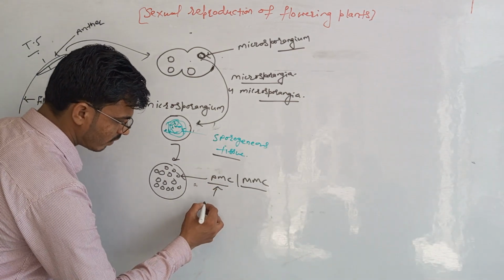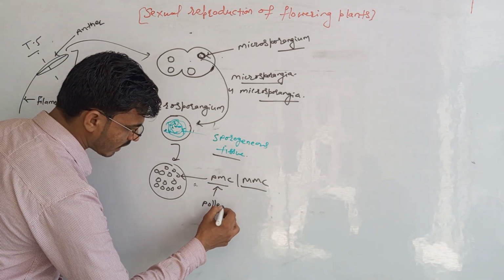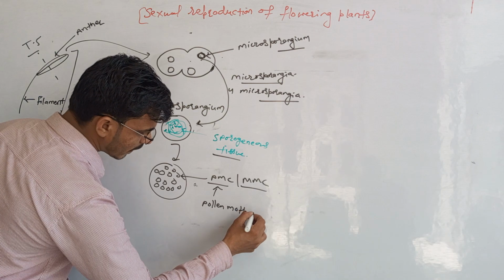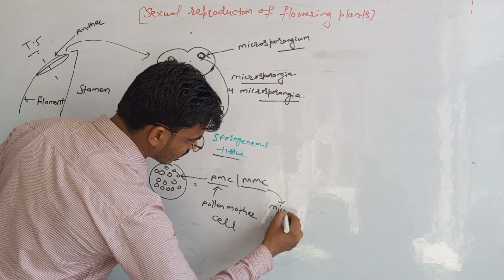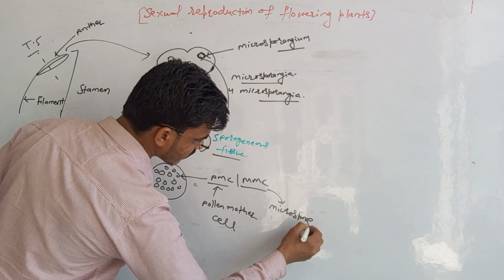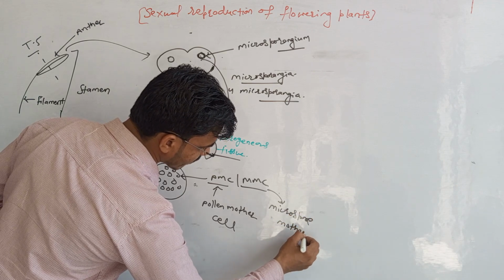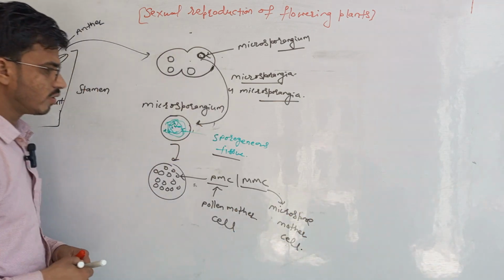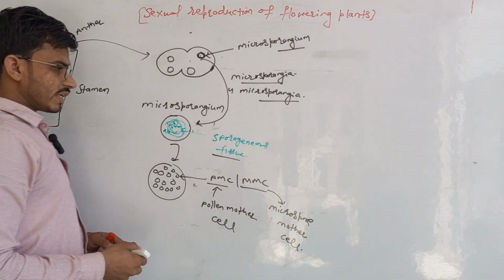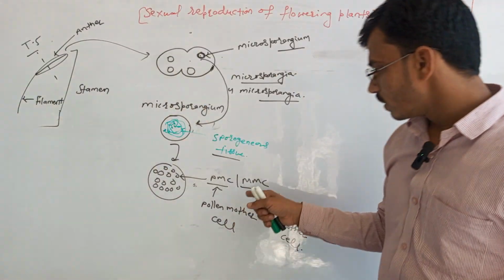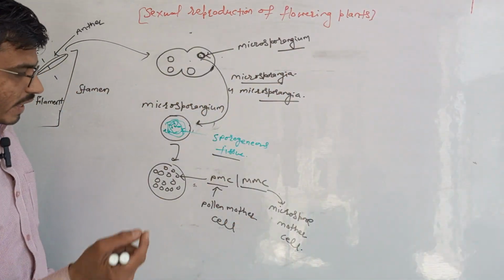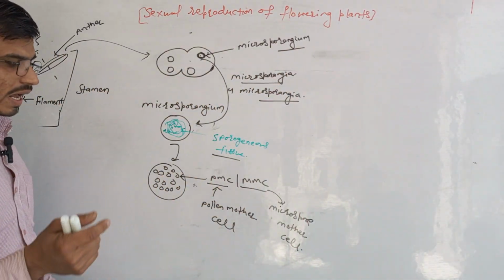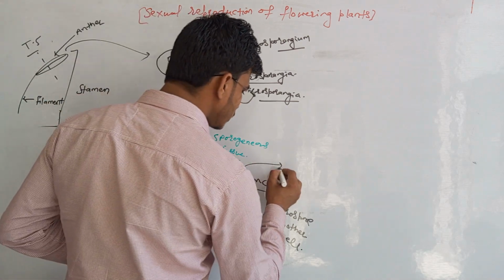The full form of PMC is pollen mother cell, and MMC stands for microspore mother cell. What happens in microsporogenesis? This is the mother cell because it gives rise to new microspores, or haploid spores.